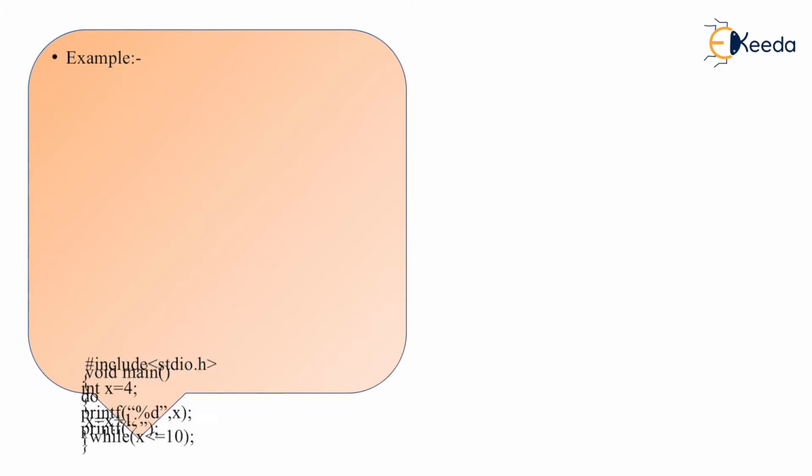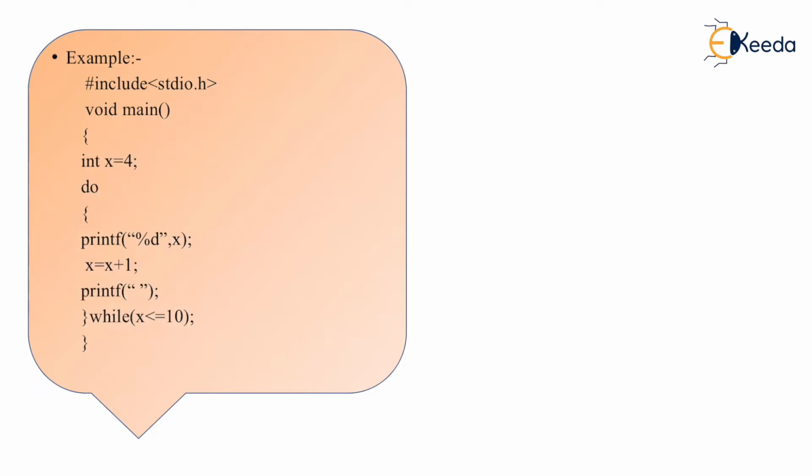Next, for example, consider int x = 4. Then inside the do, it says printf x. Then we say x = x + 1. After that, we give a space using a printf statement.